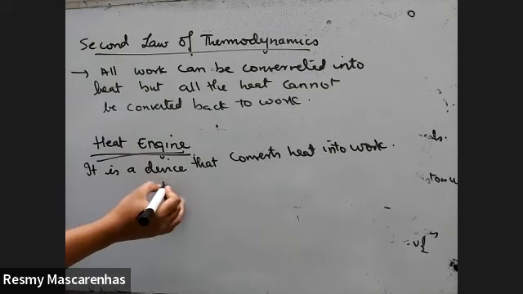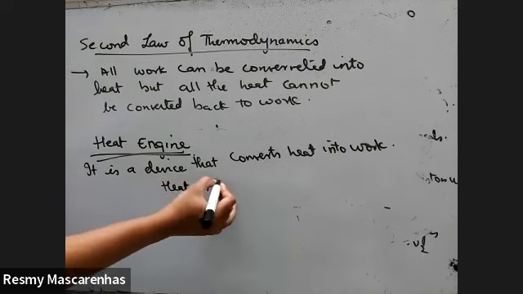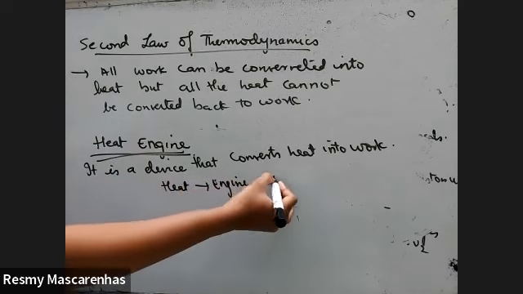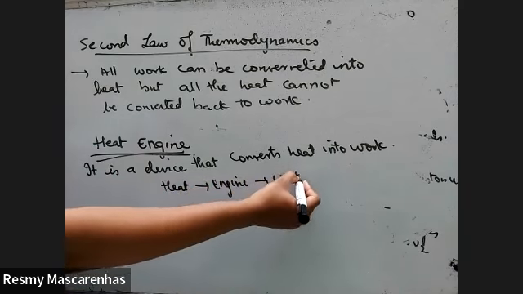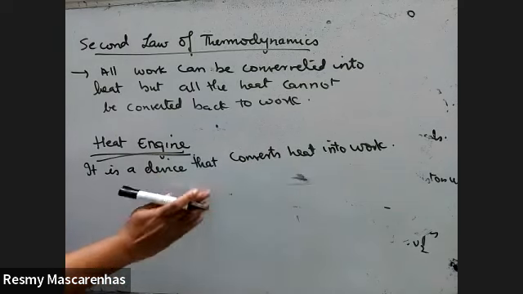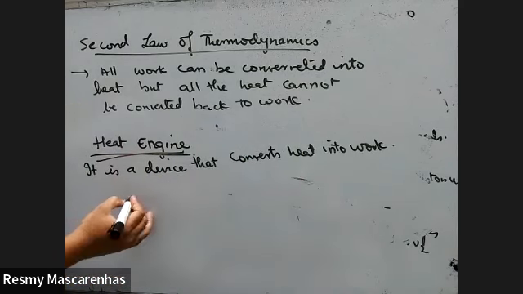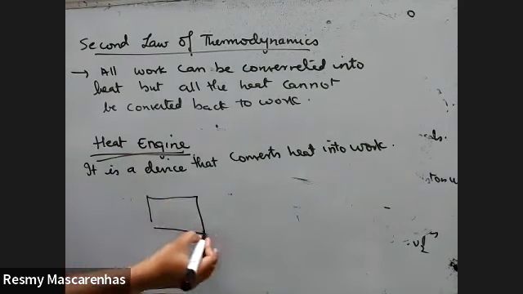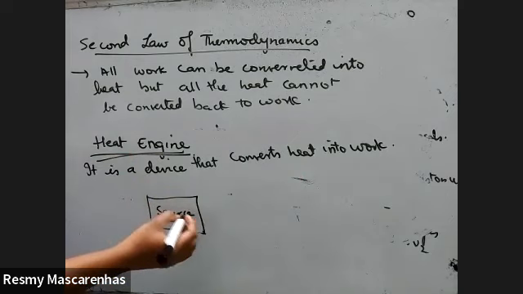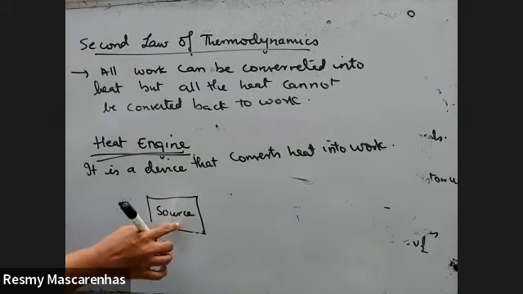So normally there is heat, there is an engine, then it will give out work. This I will not give because there's something else also. So I'll explain like this. There's always a source. Source means the fuel in your bike, suppose.